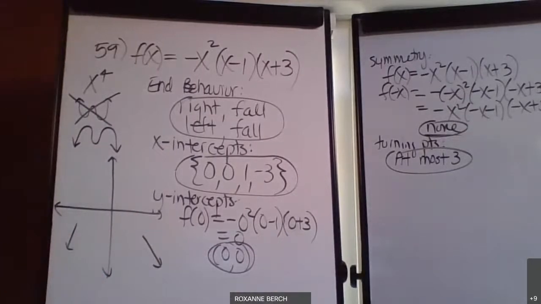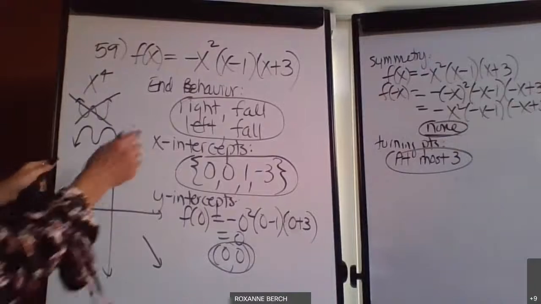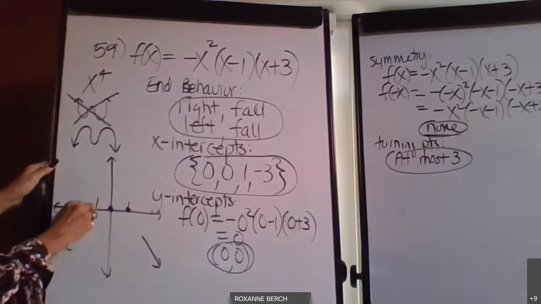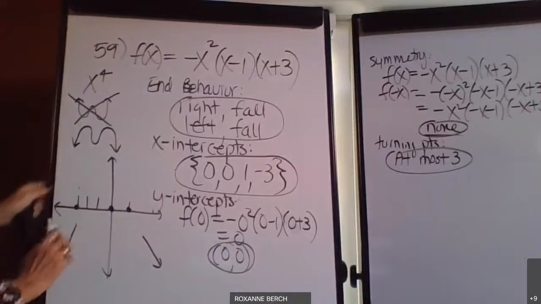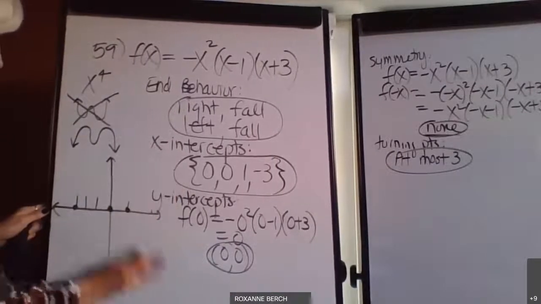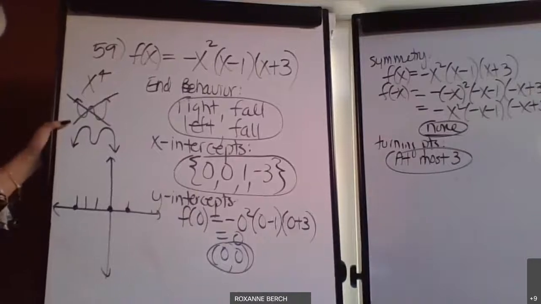Can you guys see that? Yeah. The solutions are 0, 1, and -3. The y-intercept is 0, 0, which we already have as a solution.